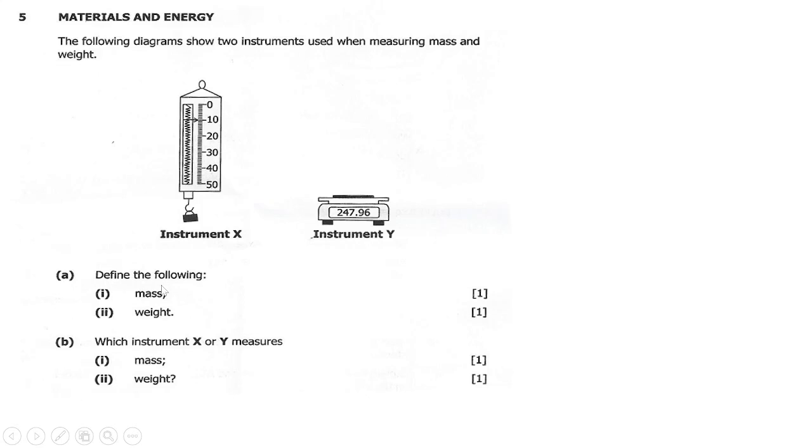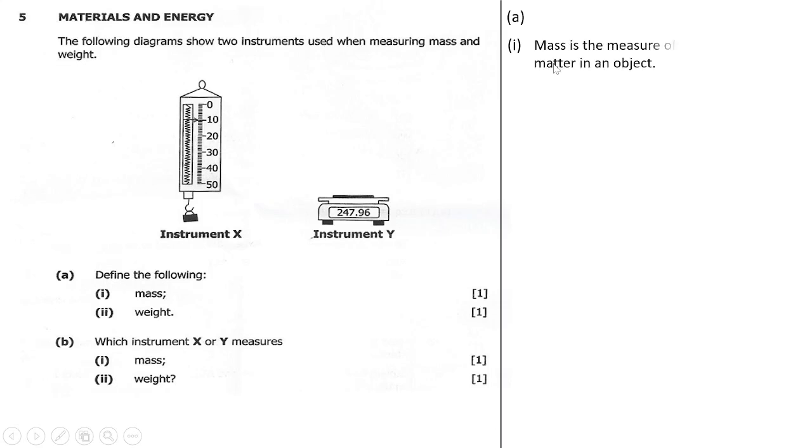Then A says define the following: Roman numeral 1, mass. Mass is the measure of the amount of matter in an object. Roman numeral 2, weight. Weight is the gravitational force acting on an object's mass. Then we go to B.